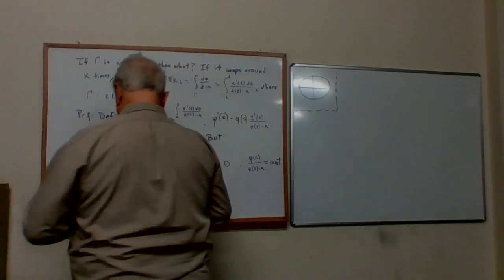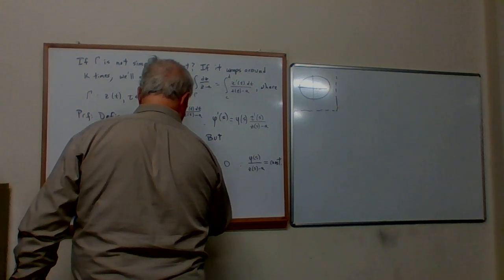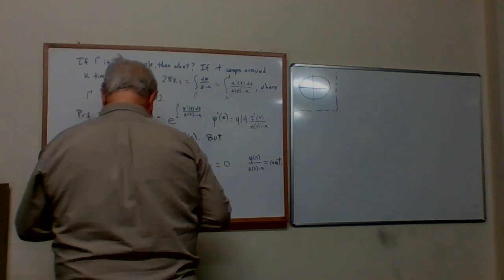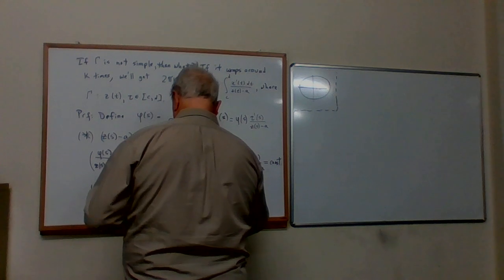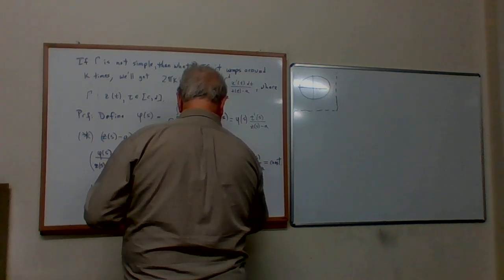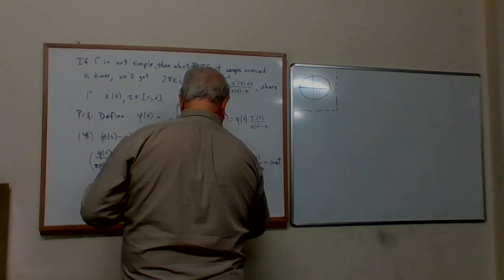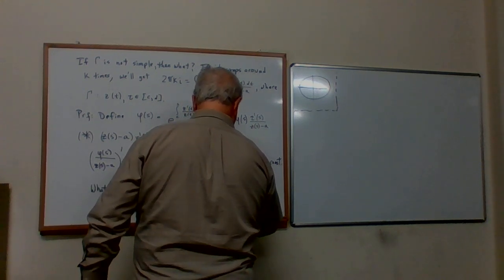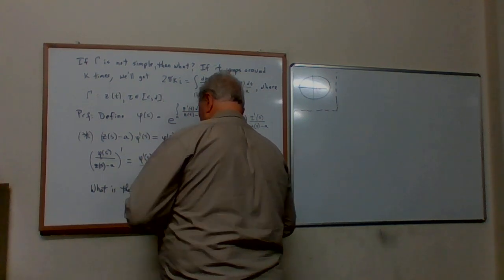So let S equal the left endpoint, C. So I get phi of S over z of S minus A is now equal to phi of C over z of C minus A.